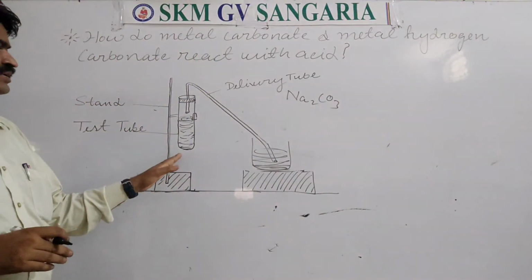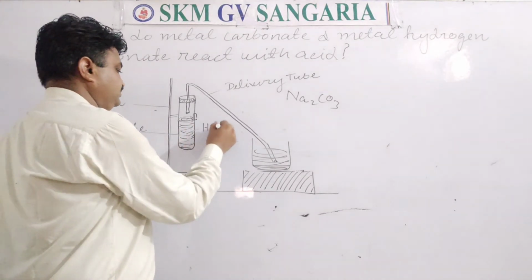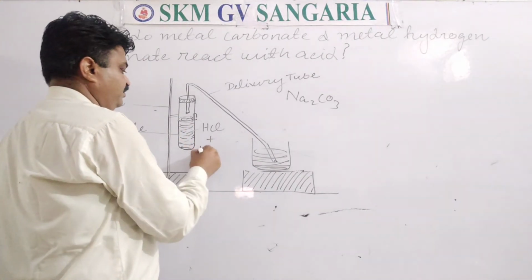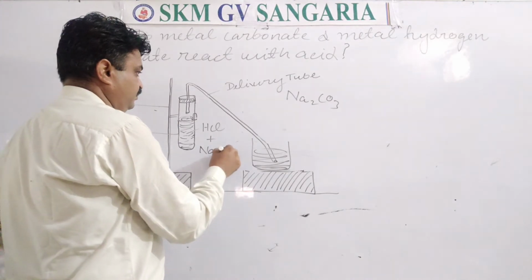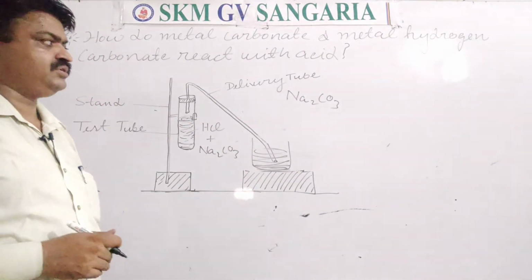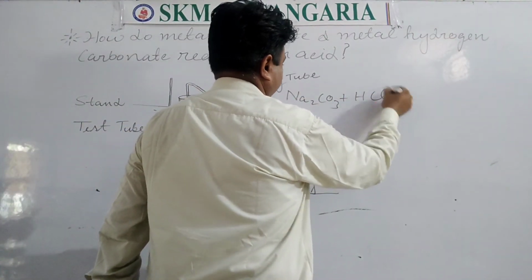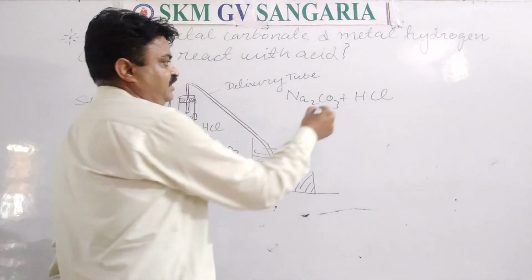When you react this with HCl, first we take the HCl, and in this we put Na2CO3. Now this Na2CO3 can react with the HCl.